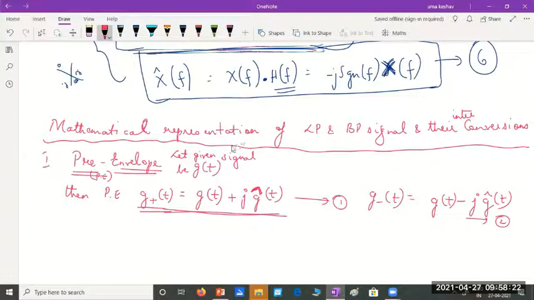We'll continue with the complete representation in the time and frequency domain and interconversions in the next class. Okay. We'll use the concept of pre-envelope and complex envelope to define low pass and band pass signals.